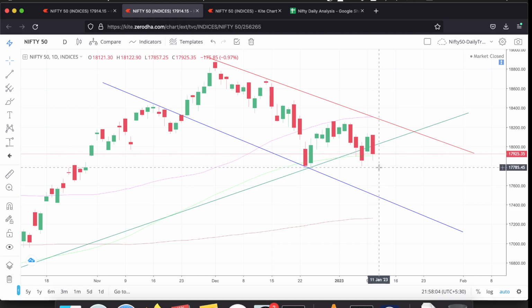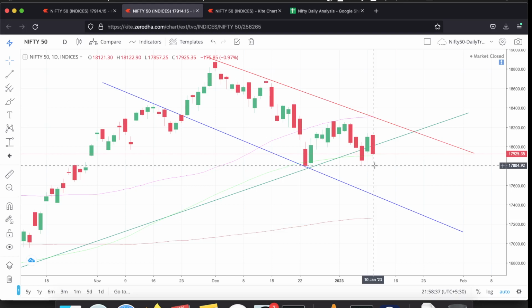But given the current trend and the supports and resistances that we are seeing, we can expect that if Nifty breaches 17,900 in tomorrow's trading session, then it can go and test this support zone up to 17,780, 17,770 level.